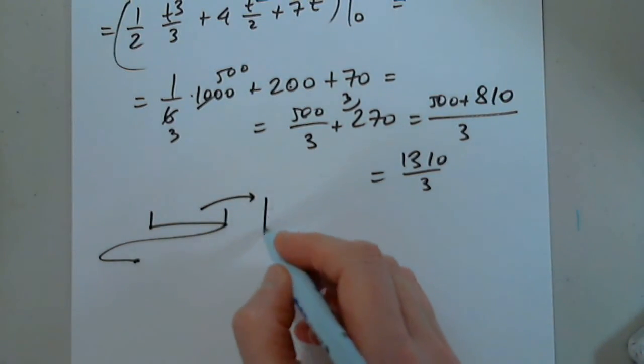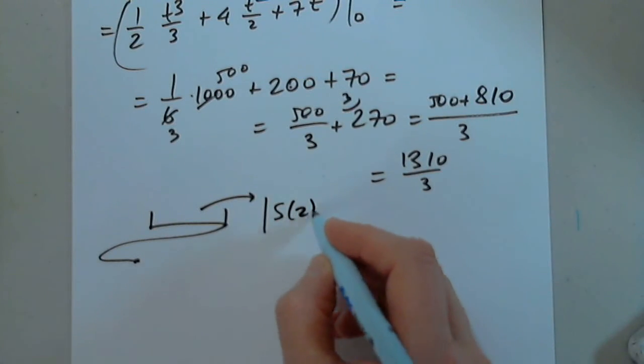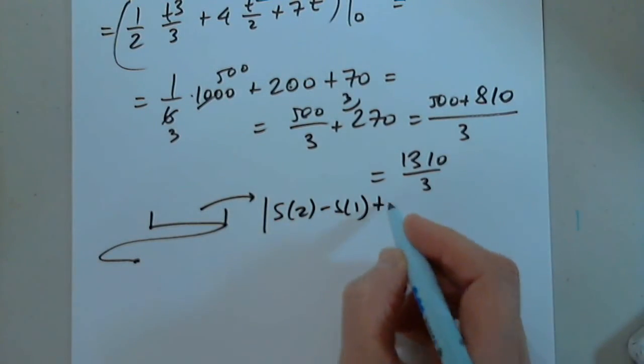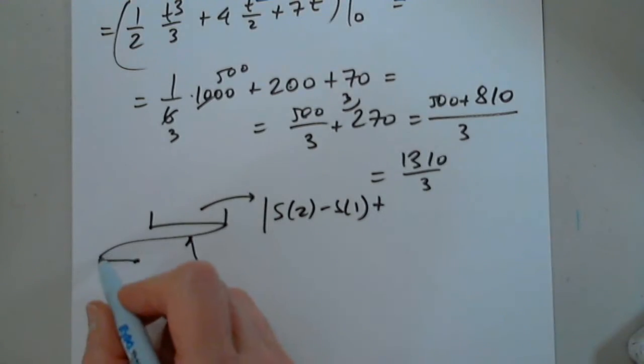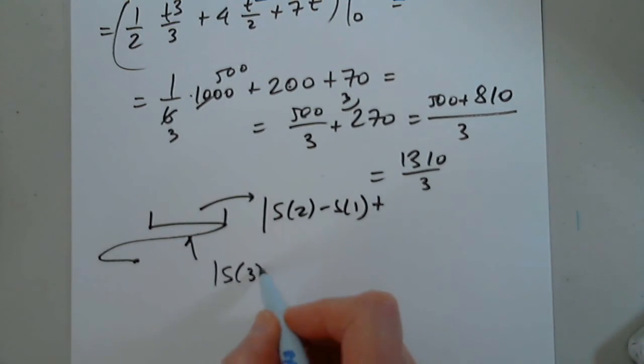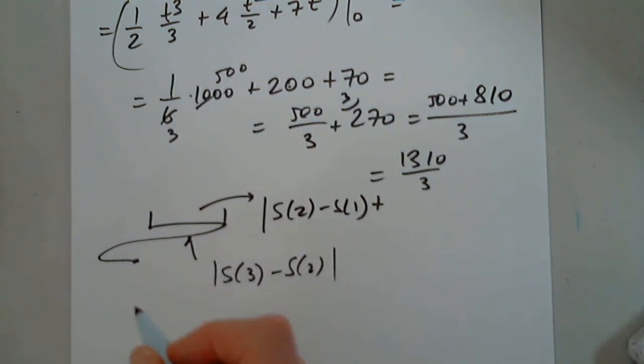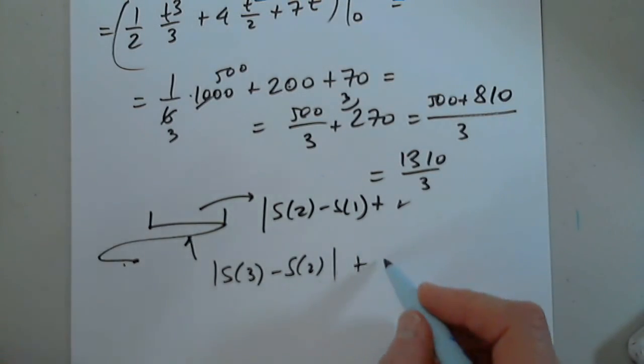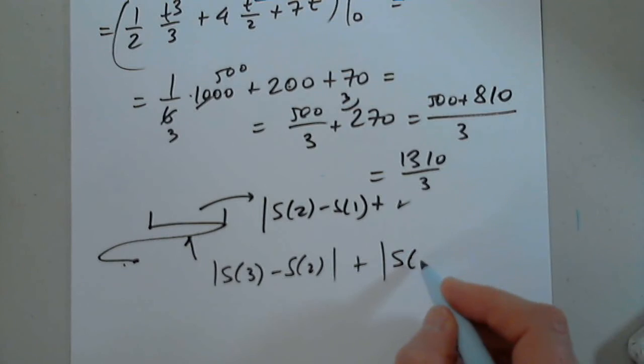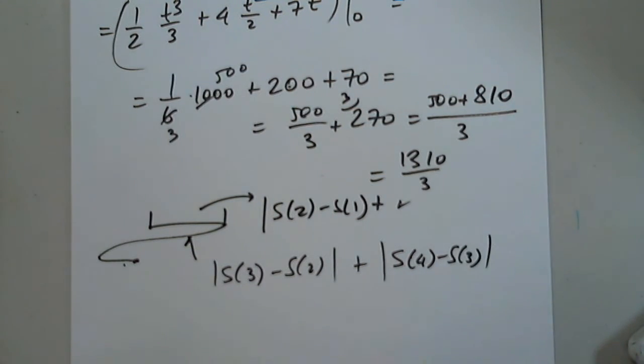This one was the absolute value of s of 2 minus s of 1. This one was the absolute value of s of 3 minus s of 2. Although this is positive and the third one is positive, we added them in absolute value. So s of 4 minus s of 3. That's what the net change theorem says.